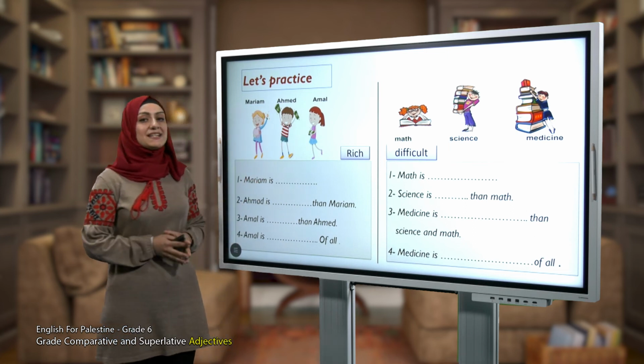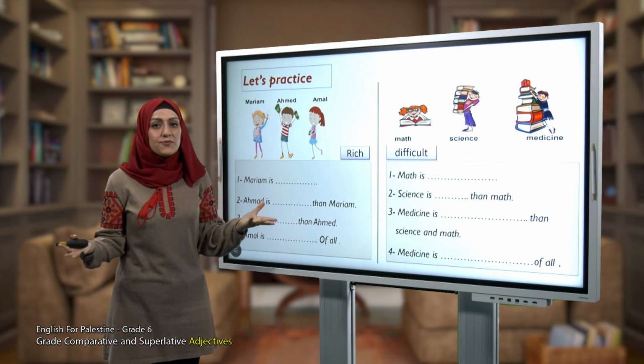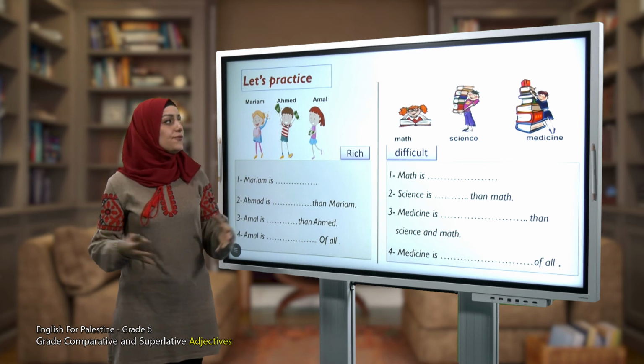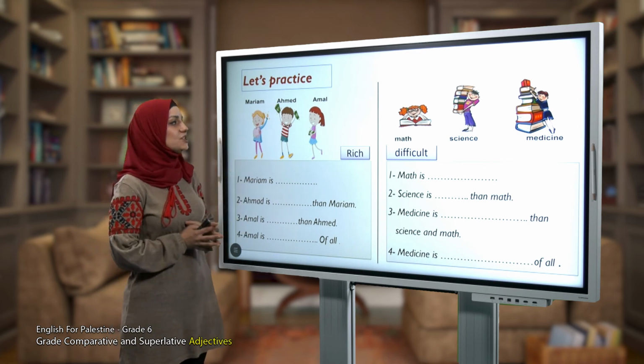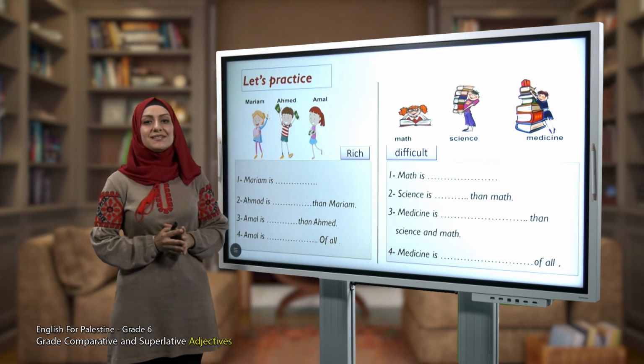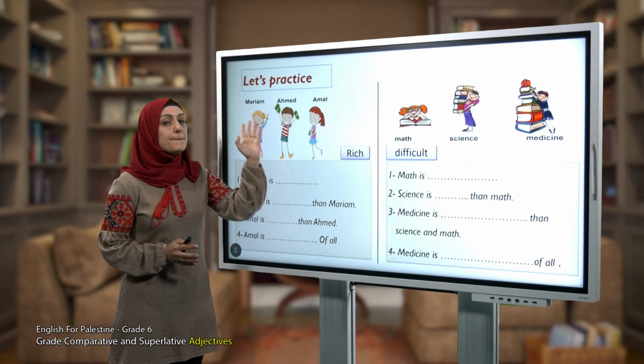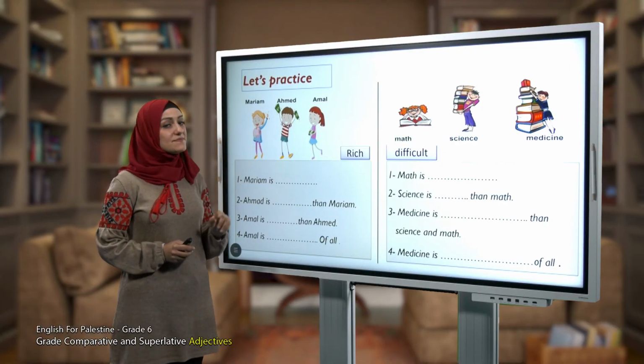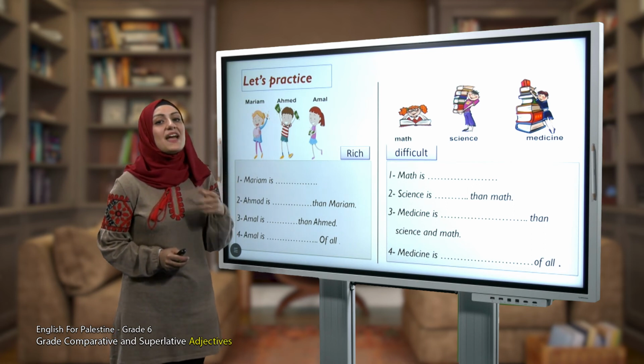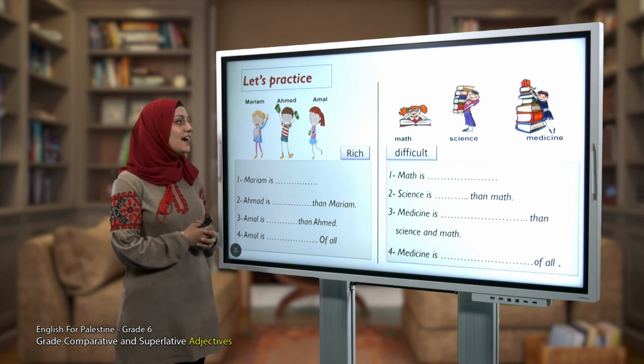Now let's practice using the superlative form and the comparative form of the following adjectives. Look at the first picture. Here we have Maryam, Ahmed, and Amal. They all have money, but some of them have more money than the others.